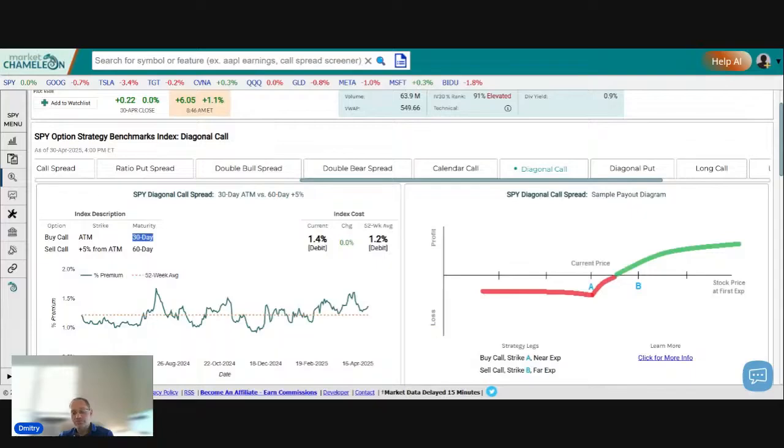If the stock floats up above here, near B, that will make the option that you bought go up in value, because you bought an at the money, lower strike option that has a delta, so that should increase as the stock floats up towards your short strike.